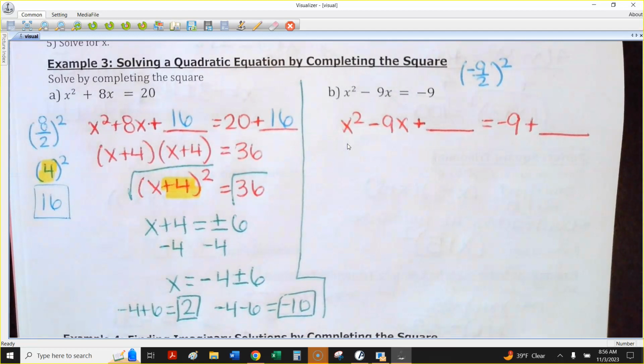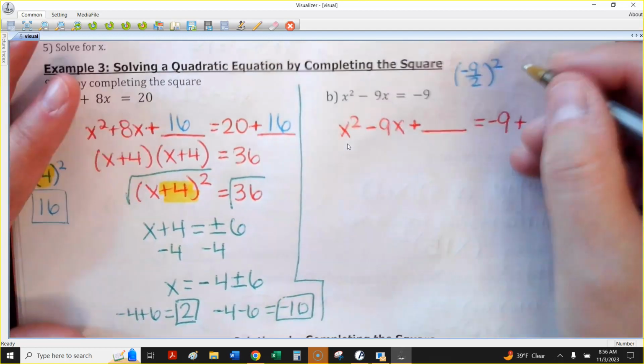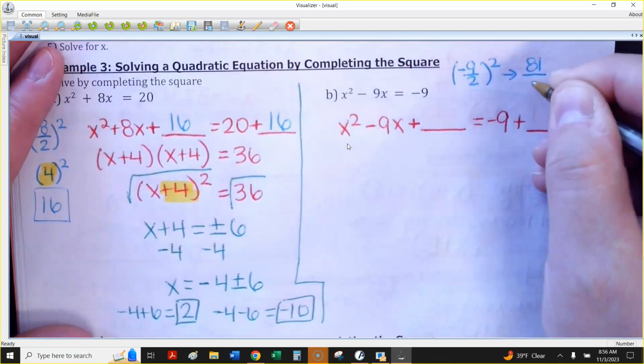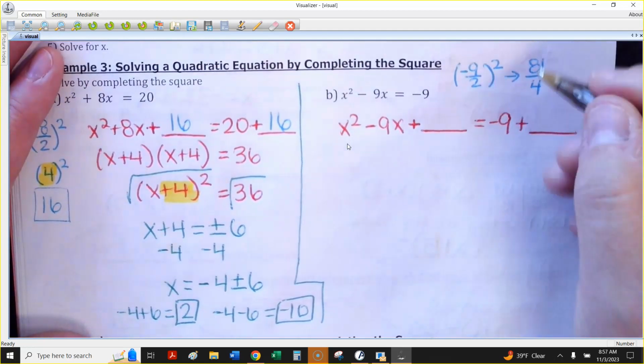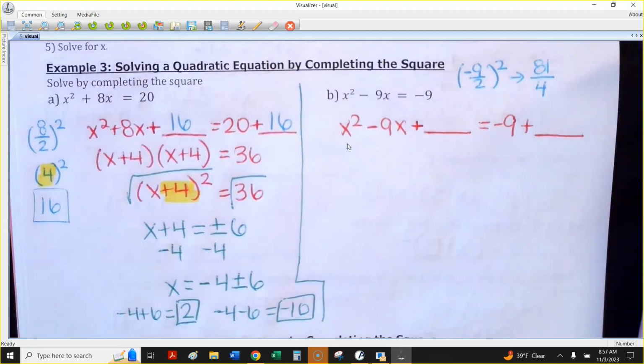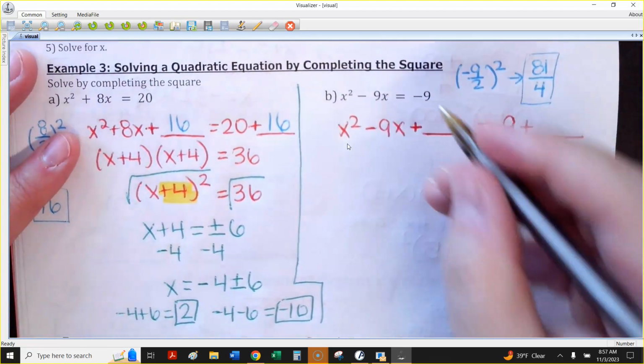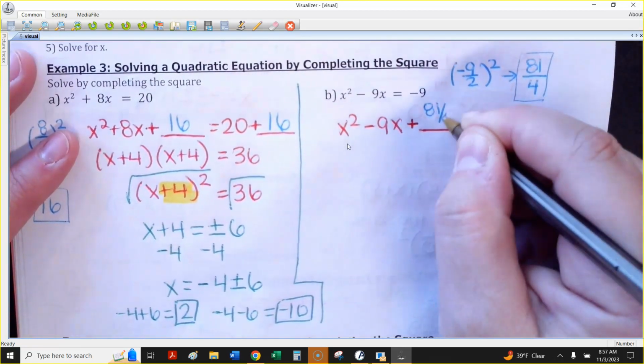Now, I can't actually divide negative 9 by 2 and get a nice number, so I'm just going to leave that as a fraction. If I square the top of that, I get positive 81. If I square the bottom of that, I get 4. Not negative 9 times negative 9, positive 81, 2 times 2 is 4. So what I want to add to both sides is 81 over 4.